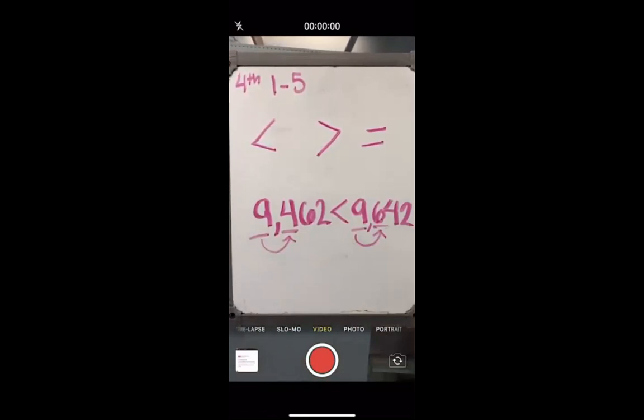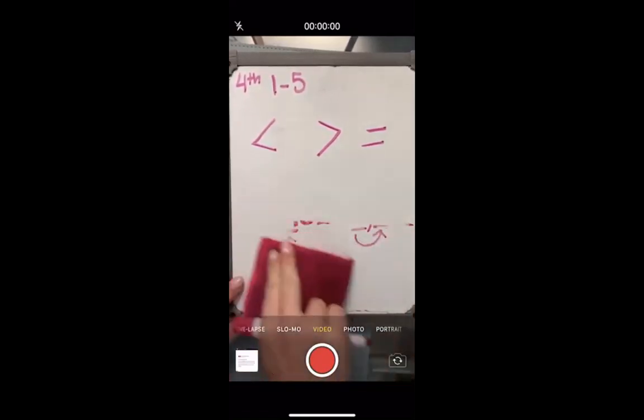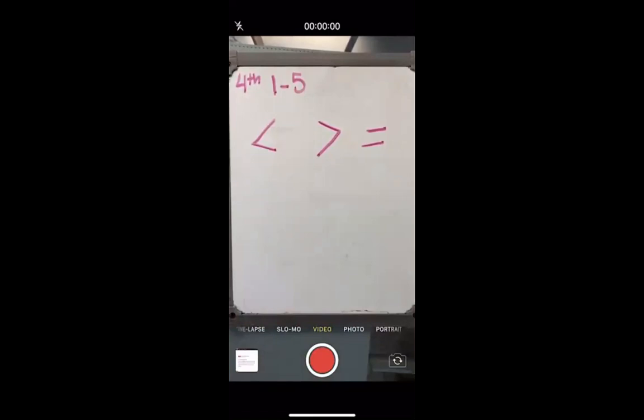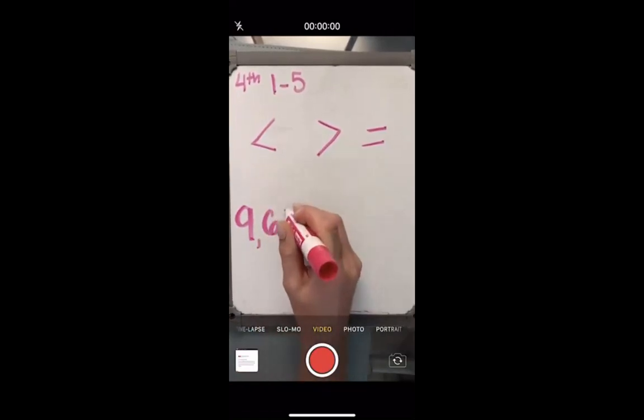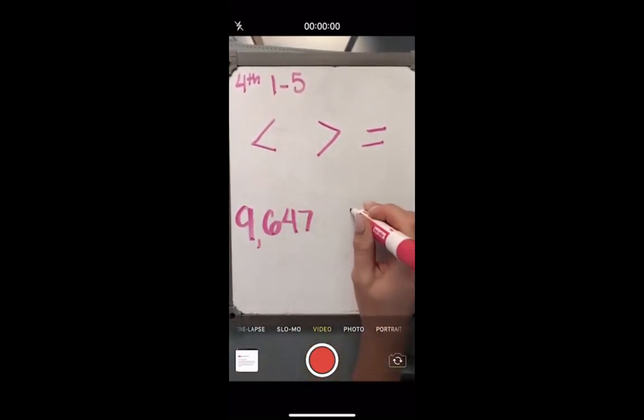I want to do one more example with you guys. And again, I'll pause and let you think about it. I used very similar numbers here, so you can practice what we were working on.